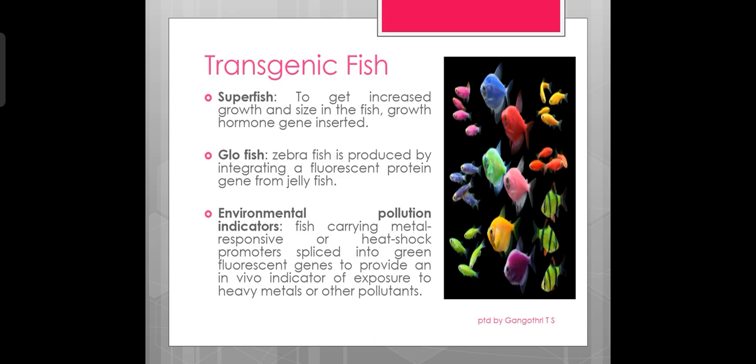Environmental pollution indicators. Some examples include fish carrying metal responsive or heat shock promoters spliced into green fluorescent genes, in order to provide an in vivo indicator of exposure to heavy metals or other pollutants.